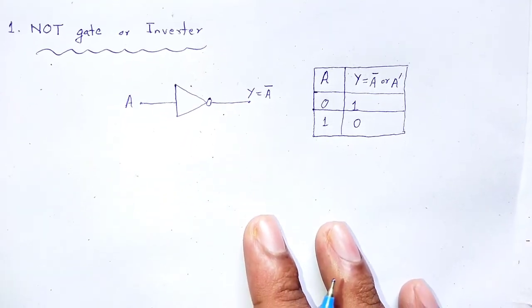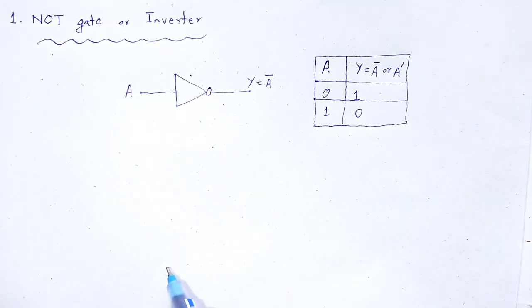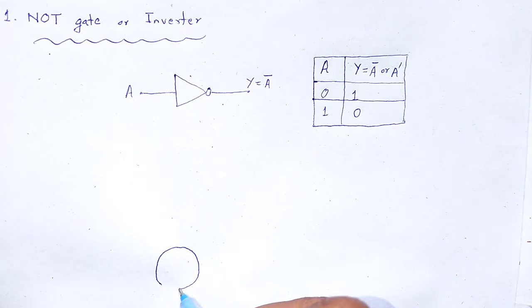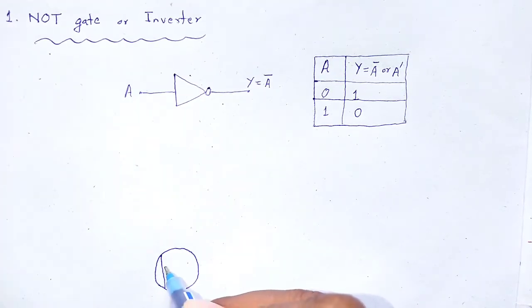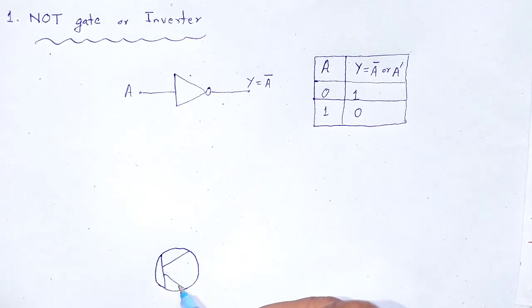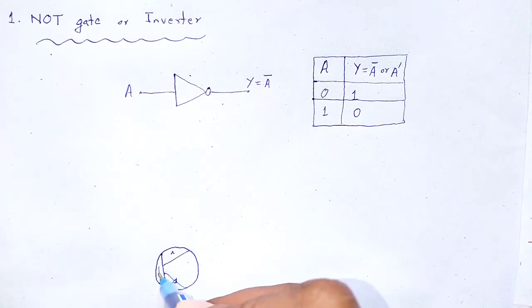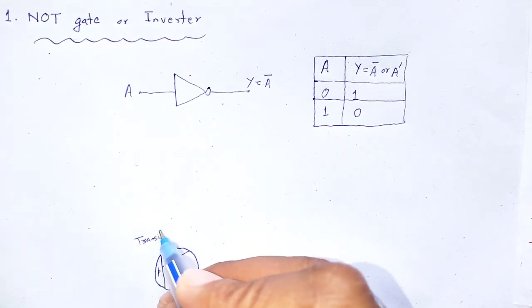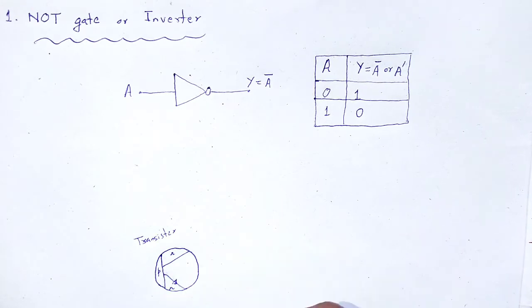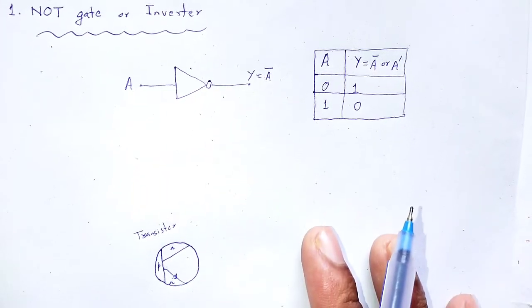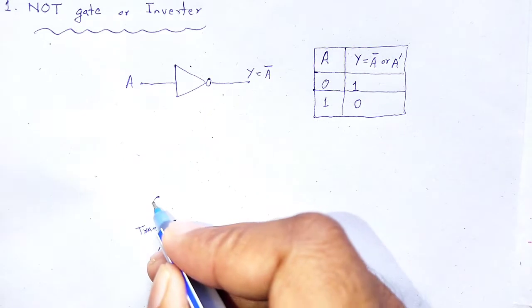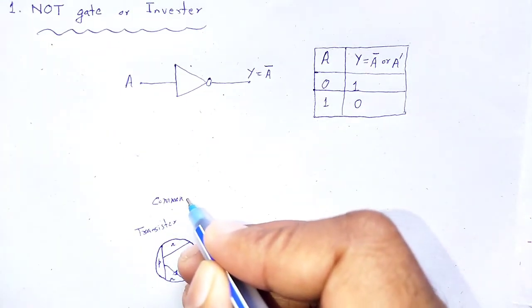Let me consider an NPN transistor, and it is in the common emitter mode.